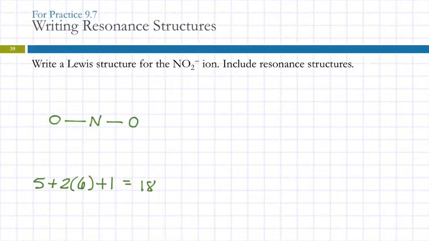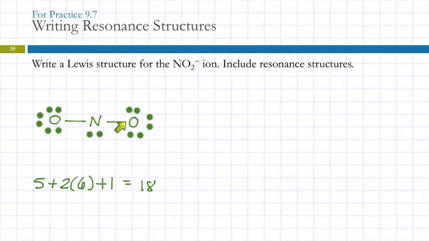So I've got 2, 4, 6, 8, 10, 12, 14, 16, 18. Ran out of electrons, ran out of dots, but the nitrogen doesn't have an octet. So that's not okay. So we have to make a double bond.